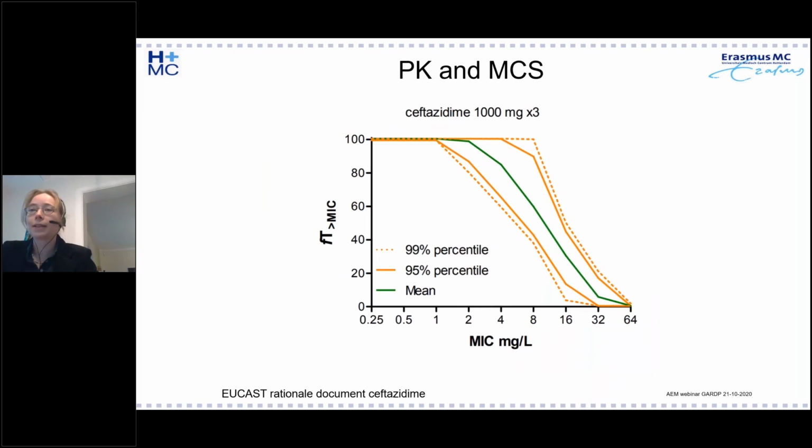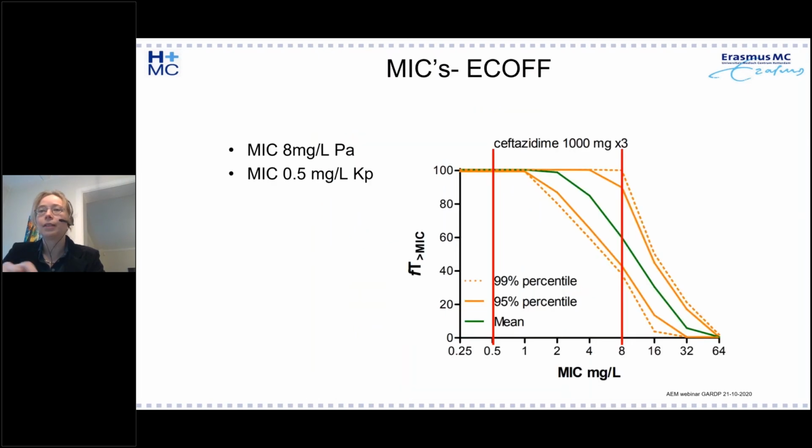So then we're going back to the plot that I showed you previously, because this summarizes also the pharmacokinetics in humans with its variability. And we're going to combine all the data that we have in here. So first, the MICs that we're looking at for the Klebsiella was 0.5, and I put it in the graph here with red lines, and for the Pseudomonas, the 8.